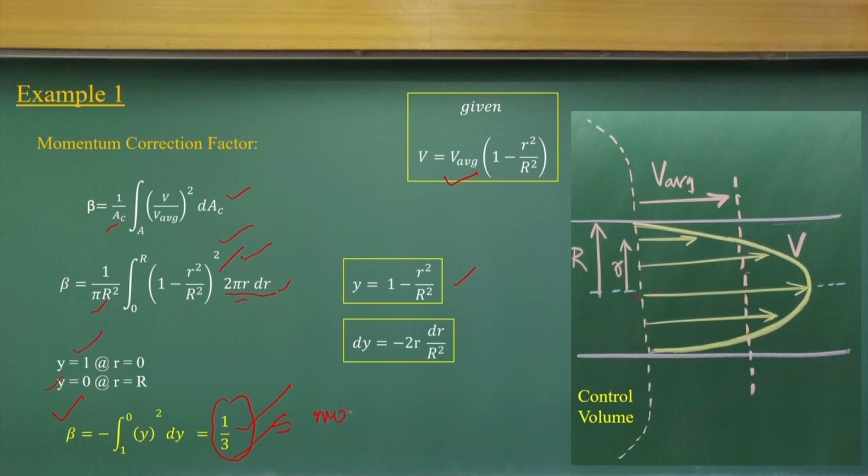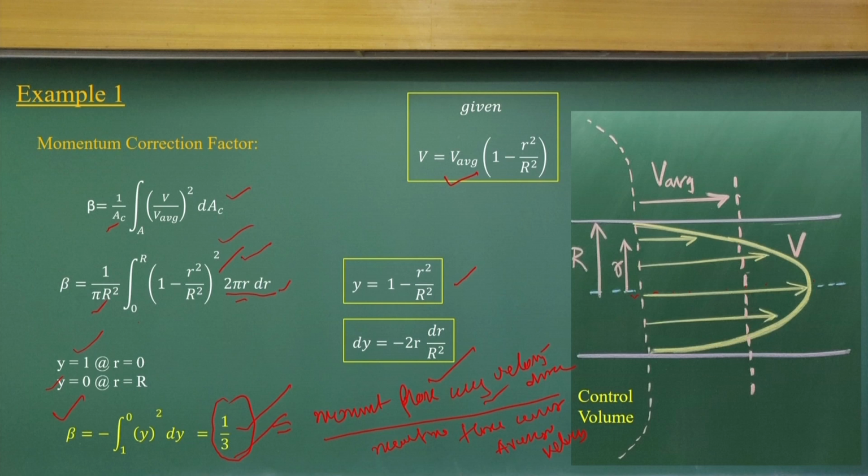If beta is equal to 1 by 3, it indicates that the momentum flux using velocity distributions divided by the momentum flux using average velocity is 1/3. So the momentum flux using the average velocity is much larger, and that is to be divided by 3 to compute the momentum flux using the velocity distribution.